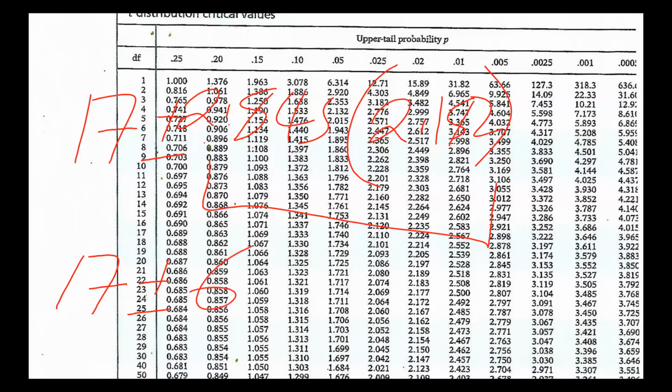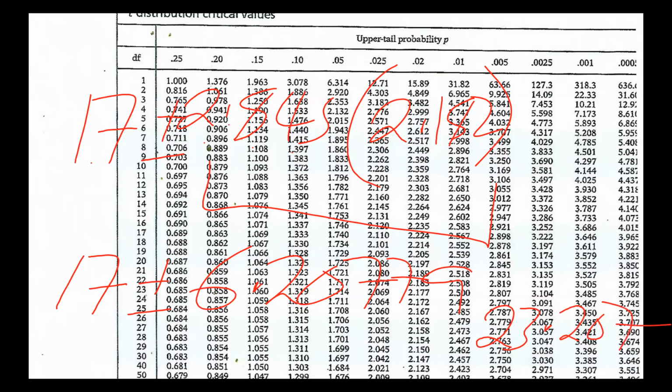That is 6.20779. So we can add it to get the upper limit: 17 plus 6.20779 is 23.20779.